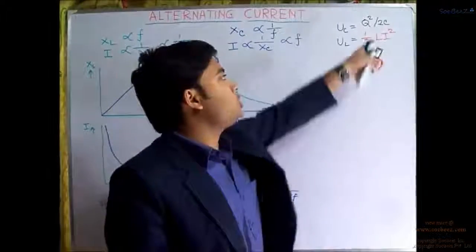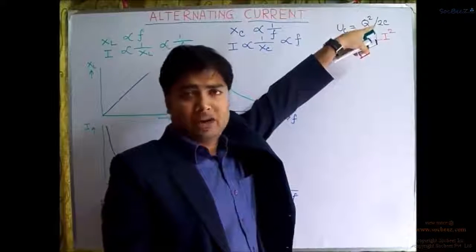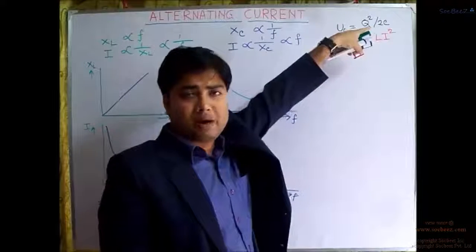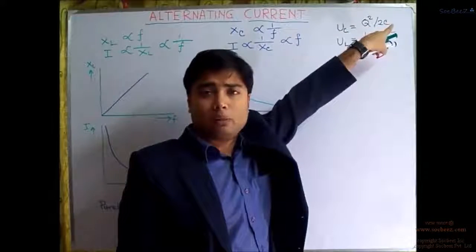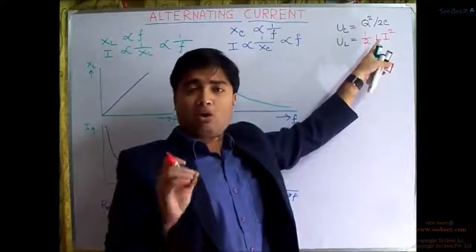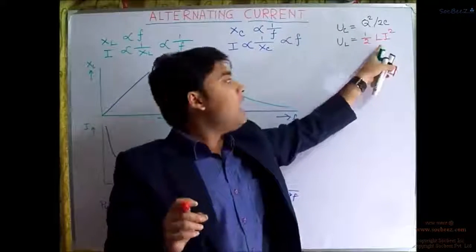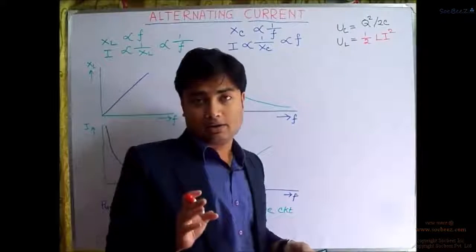Now Q was the total amount of charge present initially at the very beginning on one of the plates of the capacitor, and C is the capacitance of those parallel plates. Over here L is the self-inductance and i is the current flowing through the inductor, right?